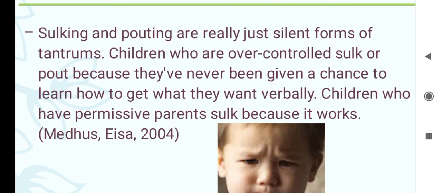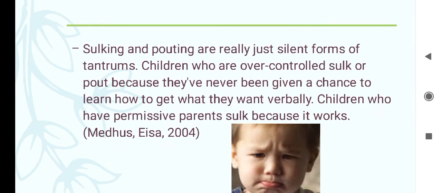Ini jenis-jenis parenting style kita belajar sebelum ni, right? Ataupun maybe you can check on it. There are different types of parenting style. There are the authoritarian parenting style, there are authoritative, there are the permissive parents. So permissive is one of the parenting styles which is ineffective or will bring a bad impact or effect on the children's development.